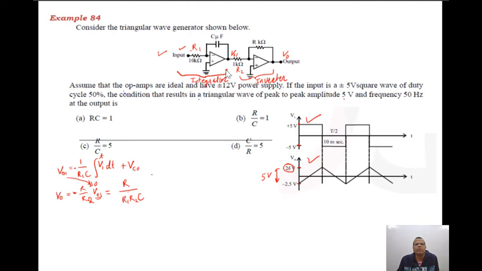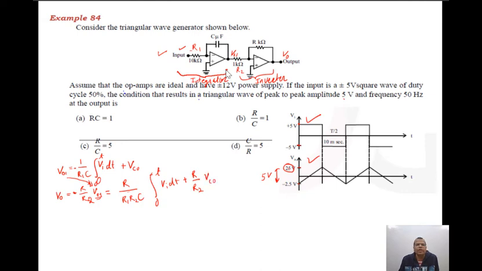So I have integration from 0 to t of Vi dt plus, now when you put V01, the output initial voltage becomes R by R2 into Vc naught.